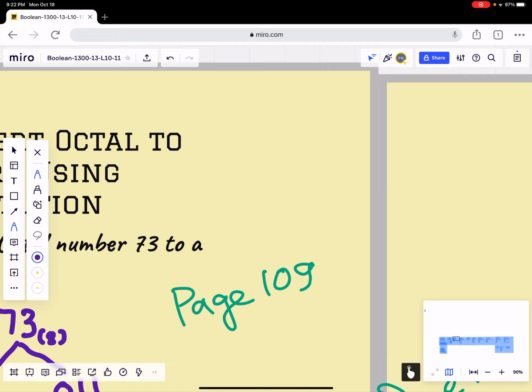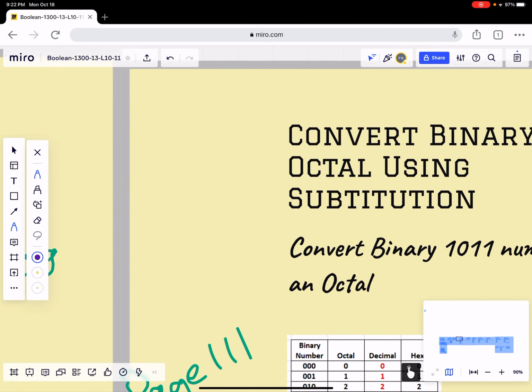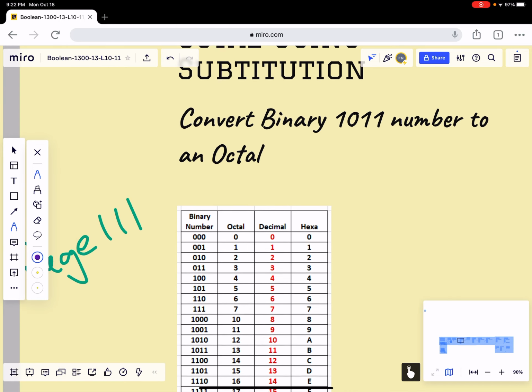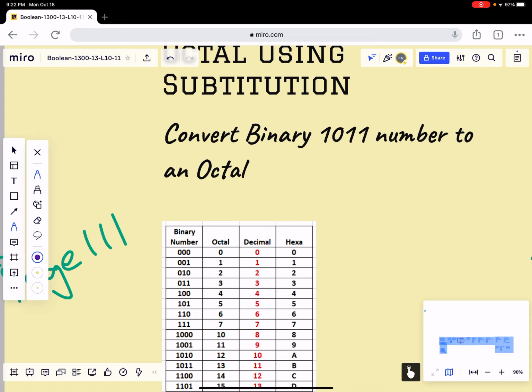Now let's look at another example. What would happen if you want to convert binary to octal using the substitution method? I look at the example on page 111. As you can see, 1011.